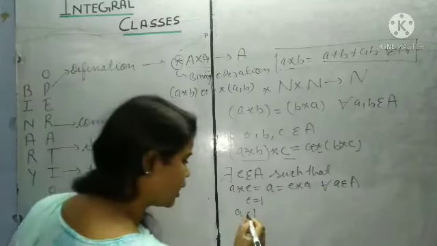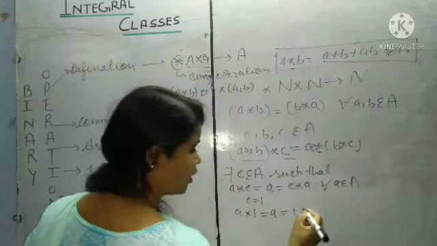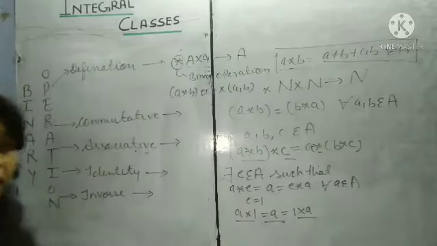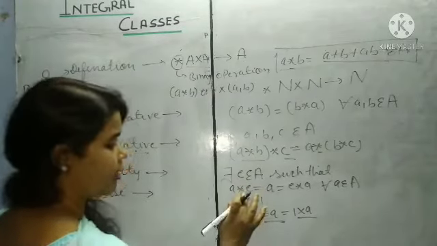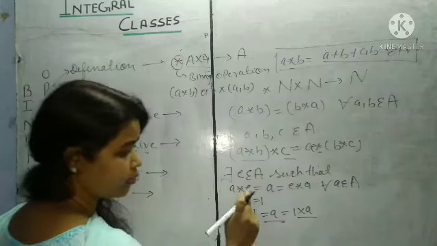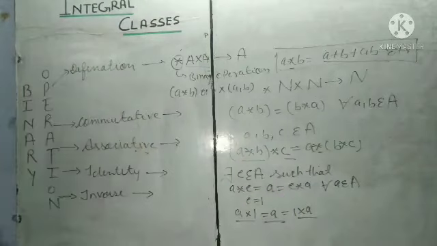Suppose we apply multiplication, then A into 1 and 1 into A. In both conditions we get the same element. So E is the identity for the binary operation: A star E equal to A, and E star A equal to A.